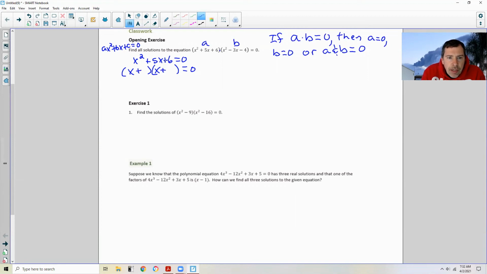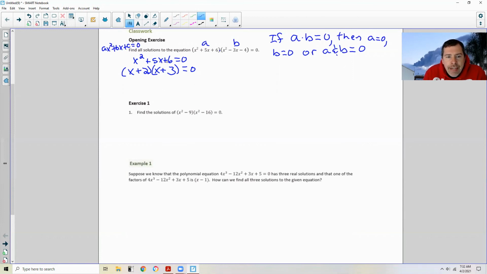What positive factors of 6 add up to 5? Well, it's not 6 and 1, those add up to 7. It has to be 2 times 3. 2 times 3 is 6, and 2 plus 3 is 5. And therefore, this is the factored form of this.